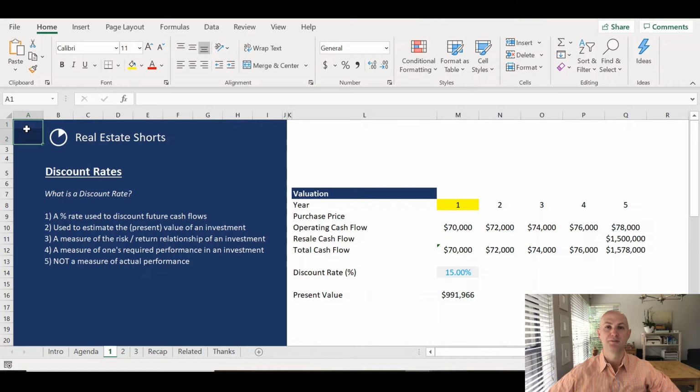So first, I think the most important piece of the discount rate application is understanding that it is a measure of risk and return and the relationship between the two. I'm sure you've taken a look at a property out in the market and you've said, you know what, this property is amazing. Tenancy is great, location is great, condition is great, market circumstances are great.